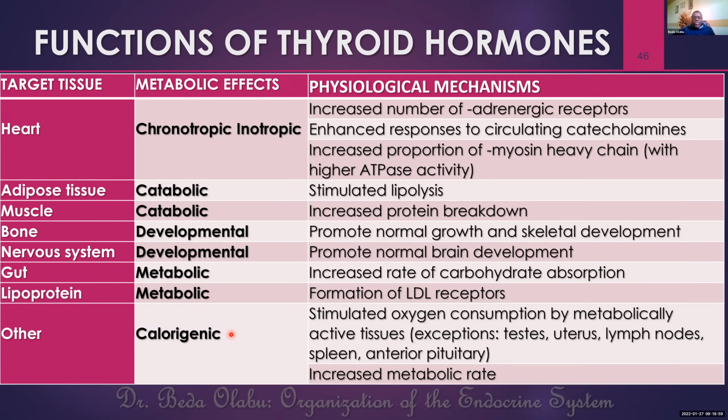So we can say they increase the basal metabolic rate in those tissues. They also help in increasing oxygen consumption by a number of active tissues, but there are a few exceptions. So anyway, to summarize, thyroid hormones T3 and T4 promote metabolism.